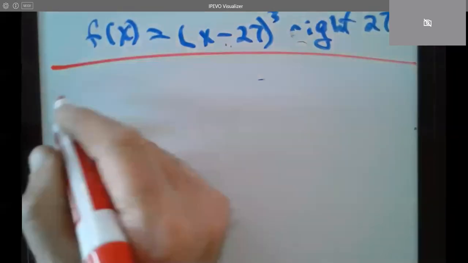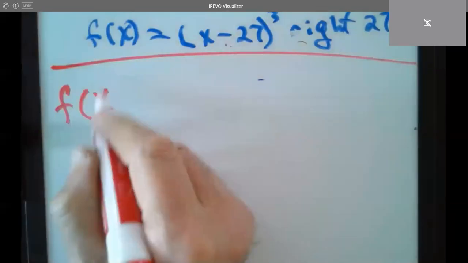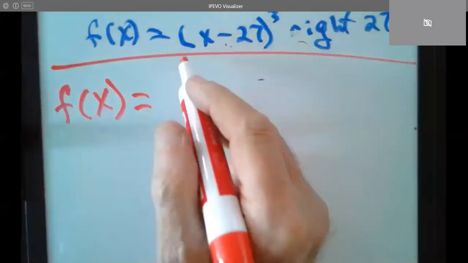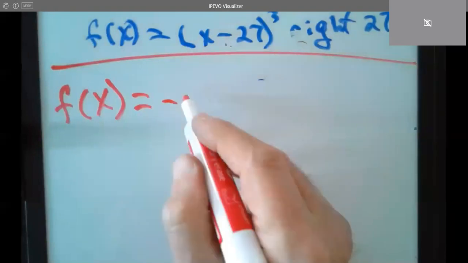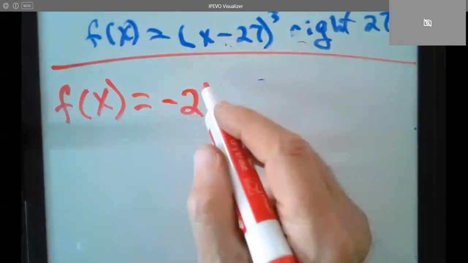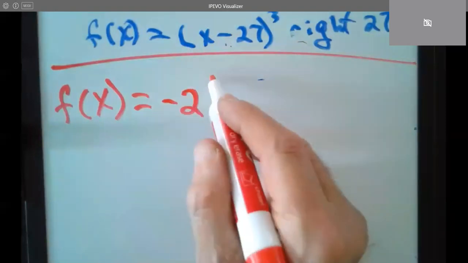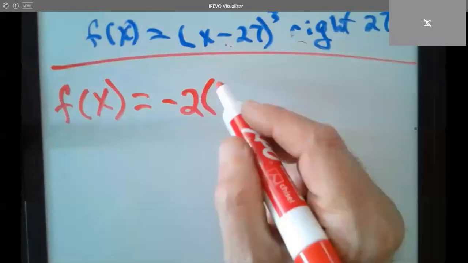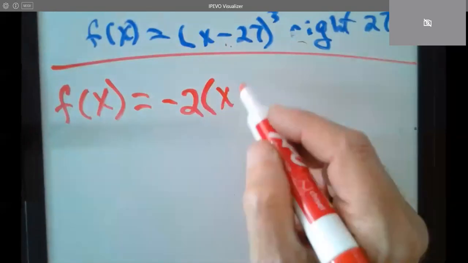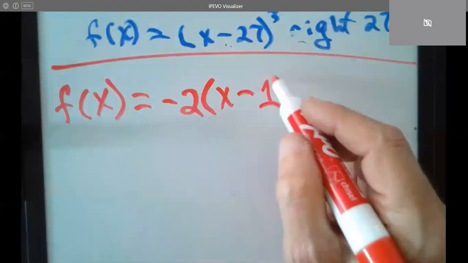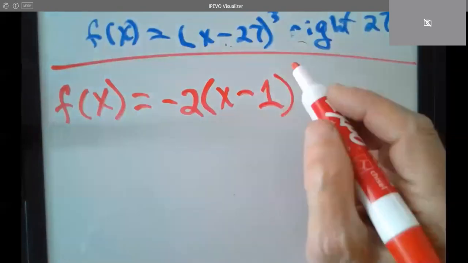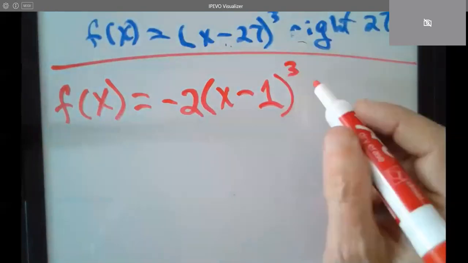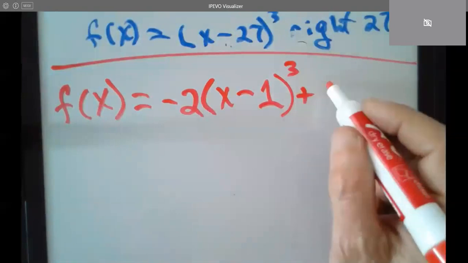F of x is equal to negative 2, parentheses, x minus 1, close parentheses, cubed, plus 3.